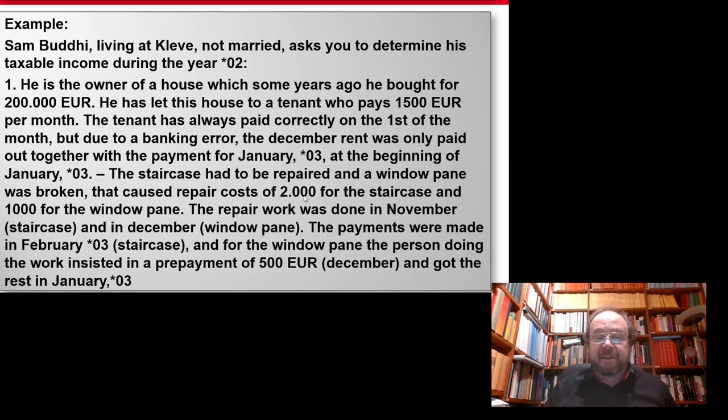The figures are true because I say they are true, as always in cases which you have to solve in exams. The rule is never debate what is given as data in the case. The repair work was done in November, the staircase, and in December, window pane, and the payments were made in February '03. And for the window pane, the person doing the work insisted in a prepayment of 500 euro in December and got the rest in '03.